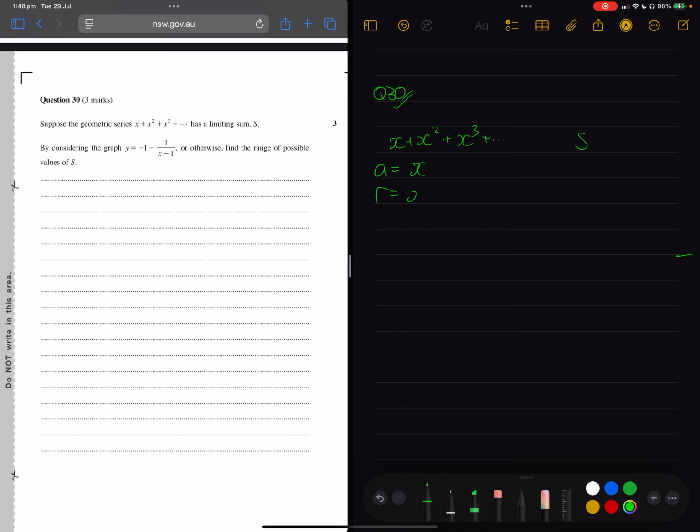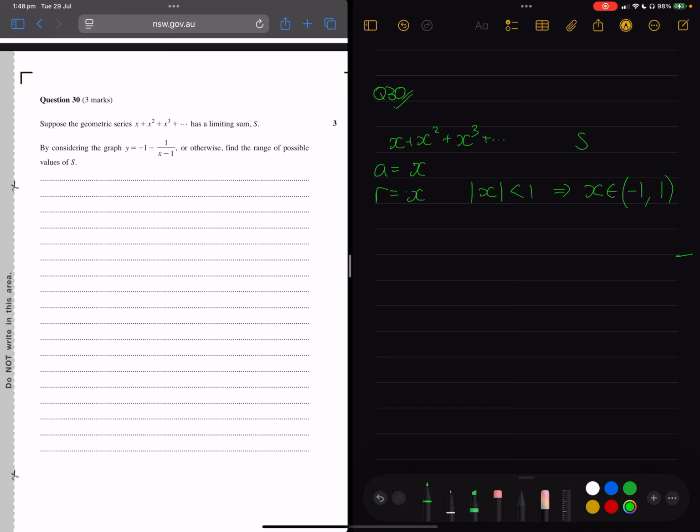The multiplication factor r is x, with the condition that the absolute value of x must be less than 1. So this tells us that x is included in the set -1 up to 1, not including -1 or 1.